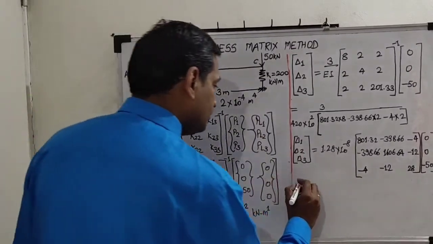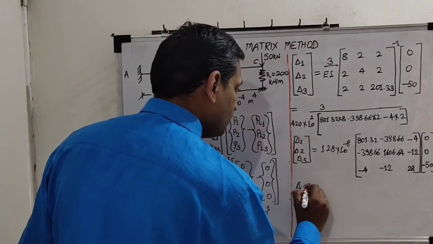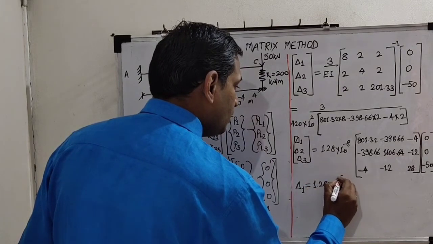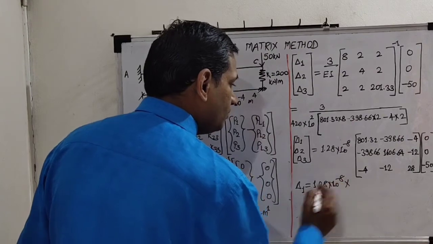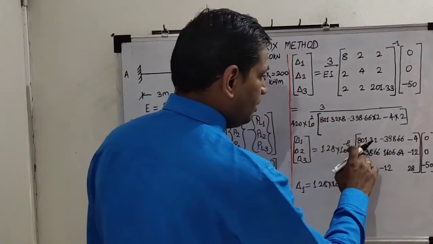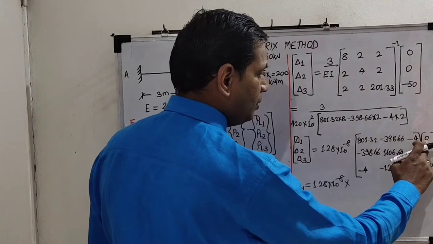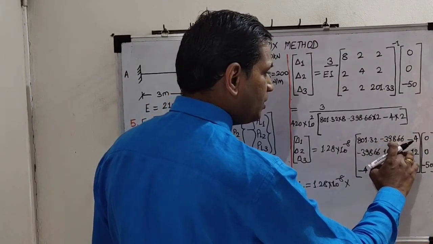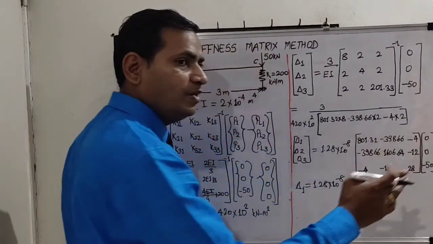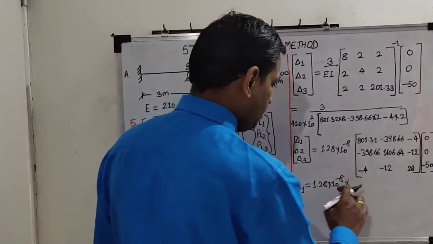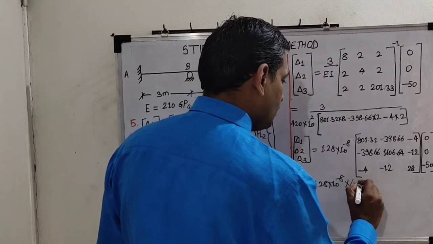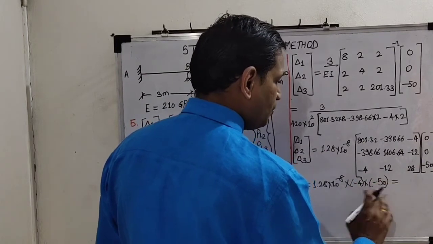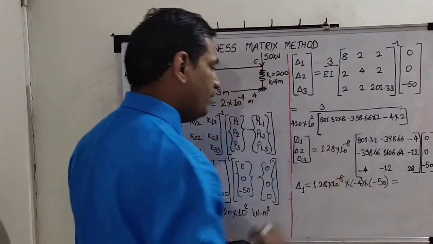So delta 1, what is delta 1? 1.28 into 10 raised to minus 8 multiplied by 801.32 into 0, forget about it, minus 398.66 into 0, again skip this, multiplied by minus 4 into minus 50, so it is 200 plus 200 into this value.